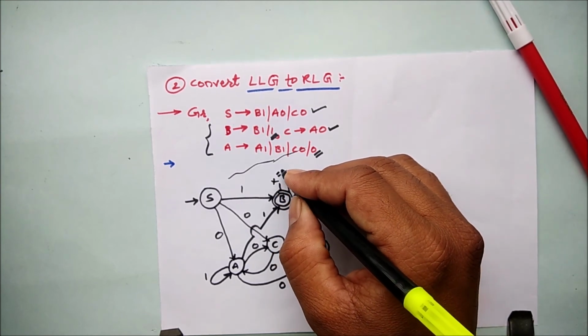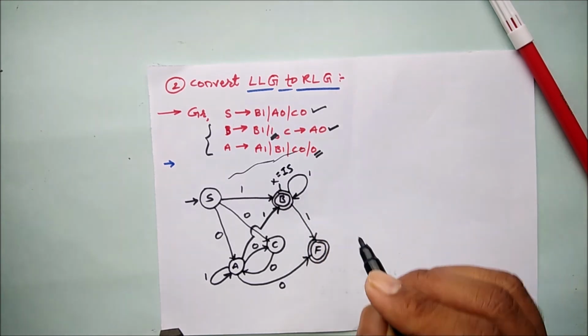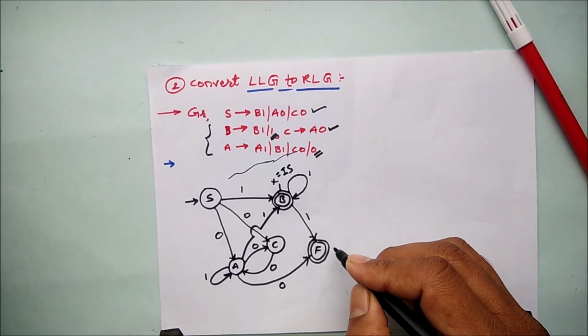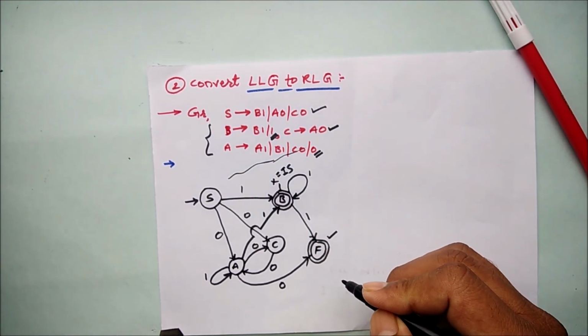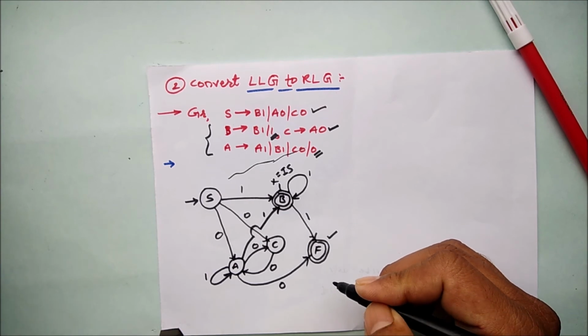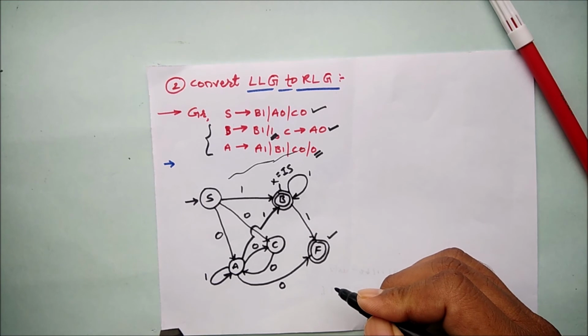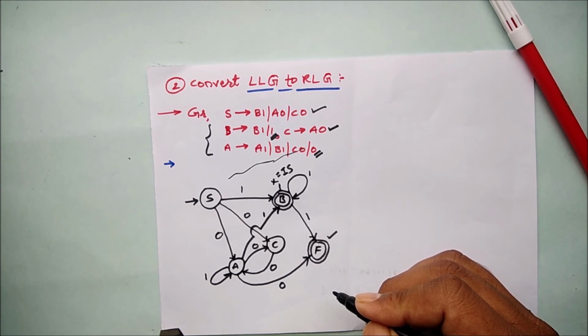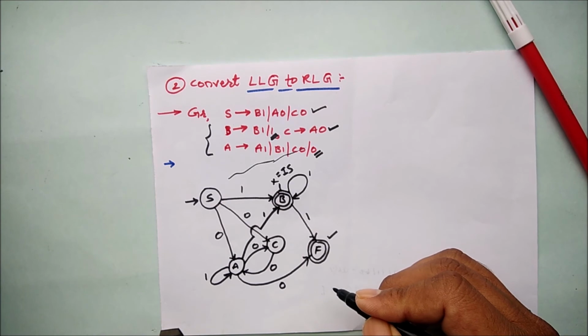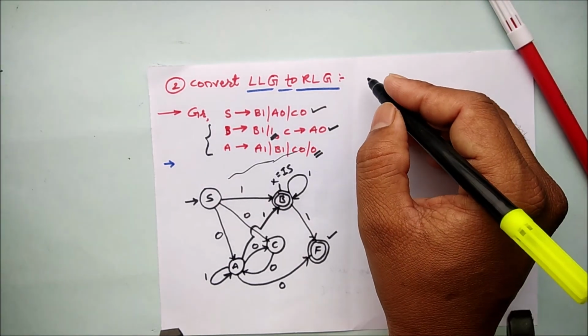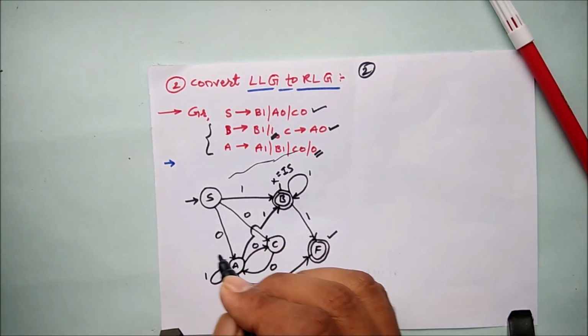This is your intermediate state, and F becomes the final state here. So that criticality is removed from the finite automata, my dear friends. Now let's convert this into the finite automata. That is the second step we shall apply.